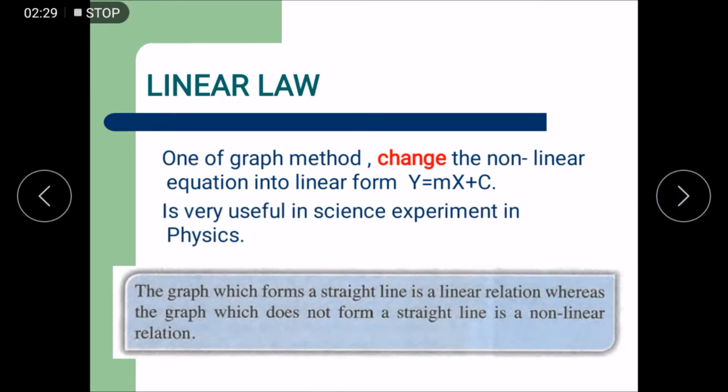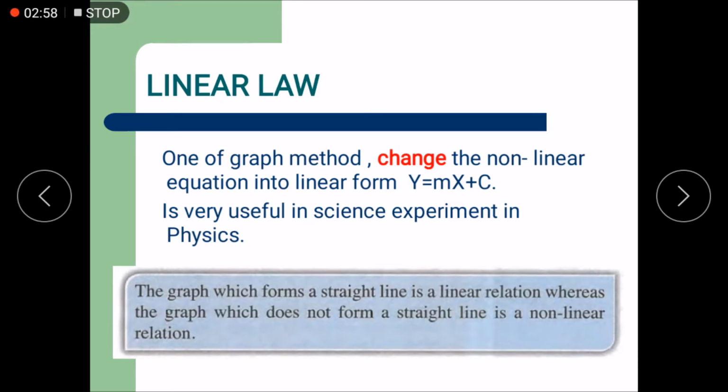So another thing, the function, or why we have to use this. This linear law is very useful in science, especially physics. So in physics we will convert a lot of non-linear into linear. I'm not sure whether you have learned, but when you do experiment, sometimes we plot the graph, right? Sometimes we will not plot graph x to y.